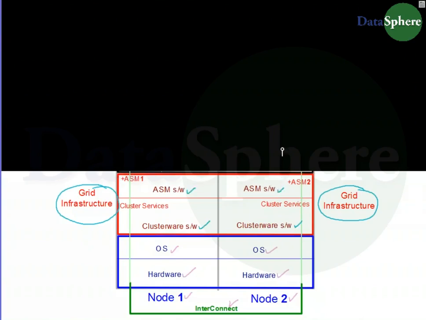When we have installed grid infrastructure, we get software that serves clusterware purposes and ASM purposes. Whenever we want to use any software, we need to have services in each server, so cluster services in each server. So with respect to grid infrastructure, we'll have clusterware software and ASM software, and in each server we'll have cluster services and an ASM instance.